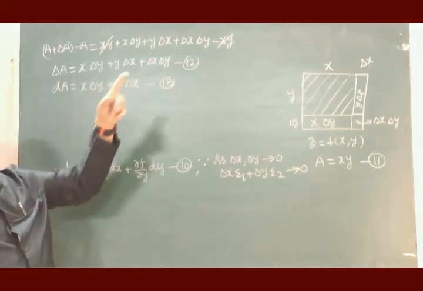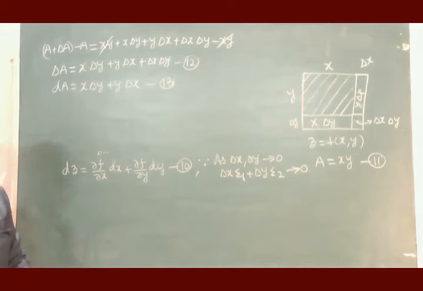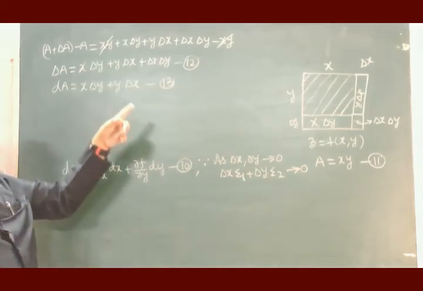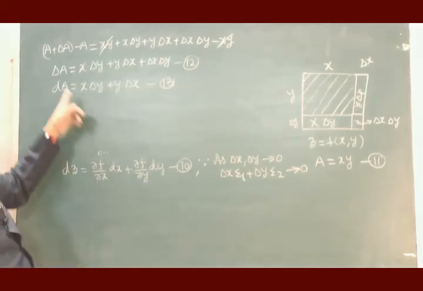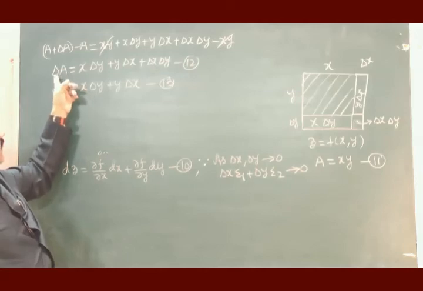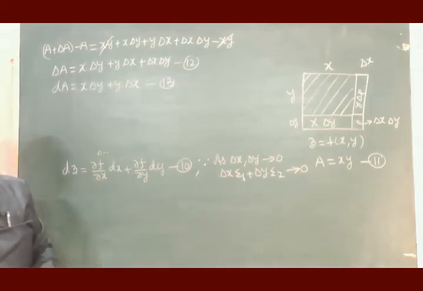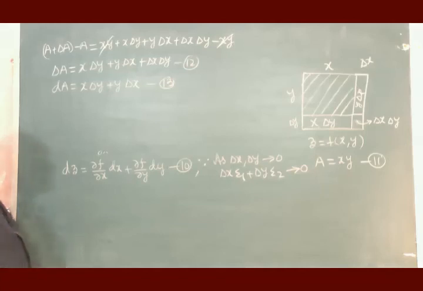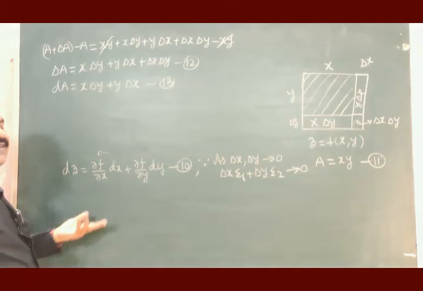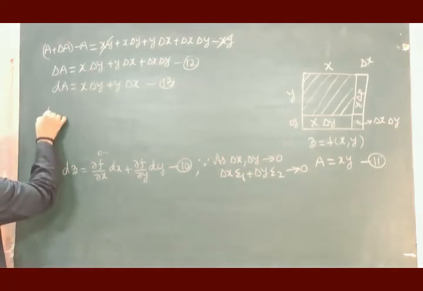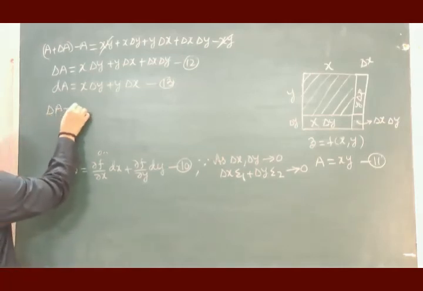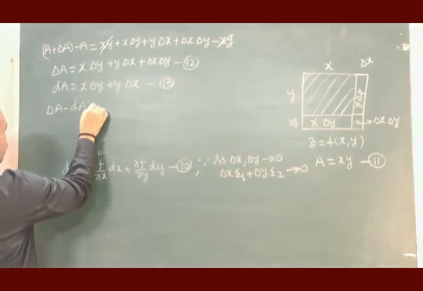This is the actual formula for the total change, and therefore the error in the approximation, the error in the estimated result, will be delta A minus dA.